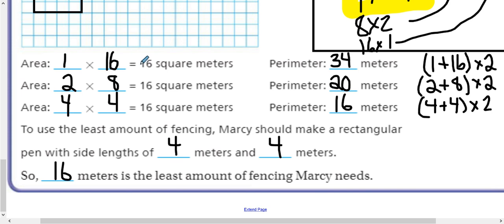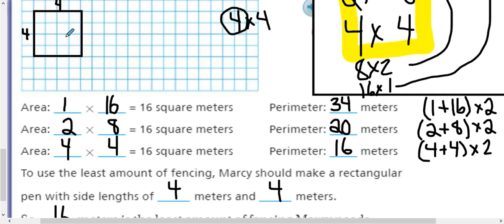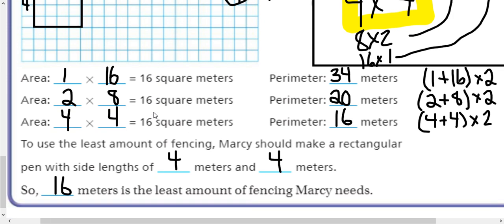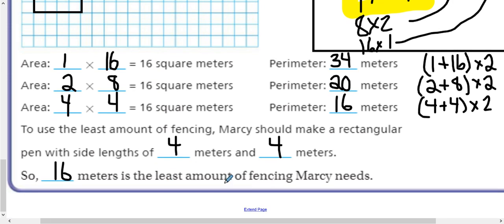All right, so to recap here, she wanted an area of 16 square meters. And she also wanted to buy the least amount of fencing possible. Okay, and so this right here is going to give us 16 meters. All right, and also give us a 4 by 4. All right, very good.